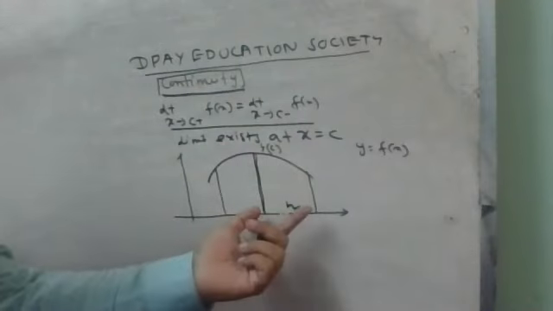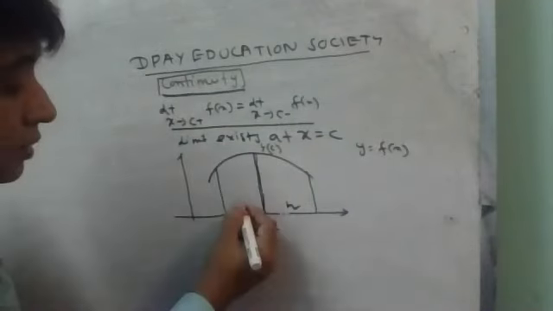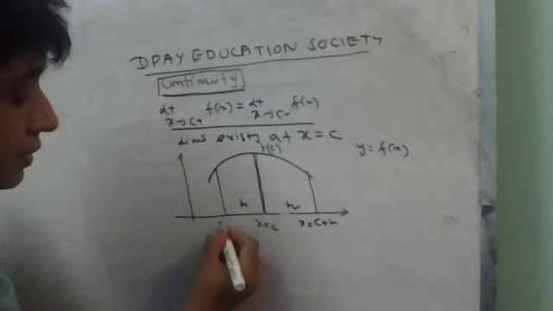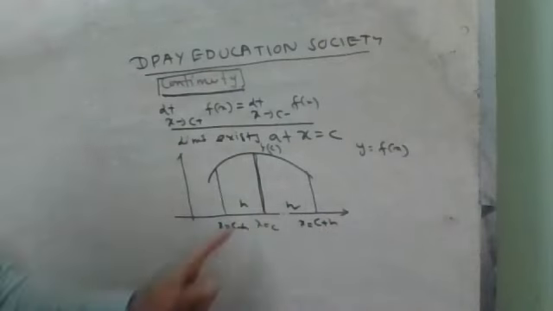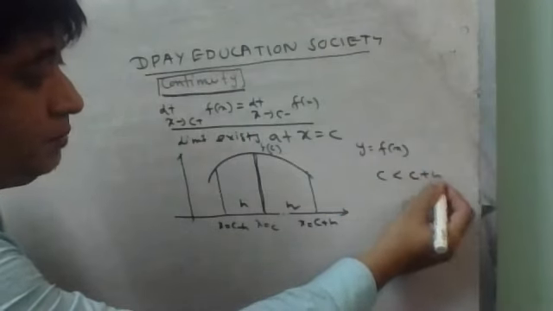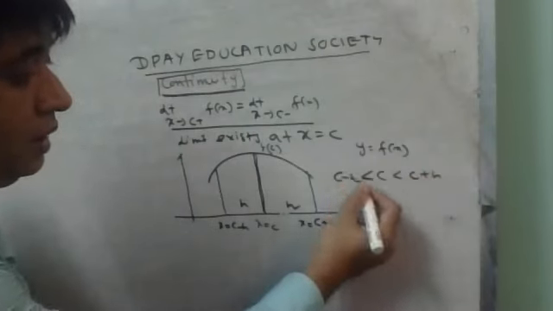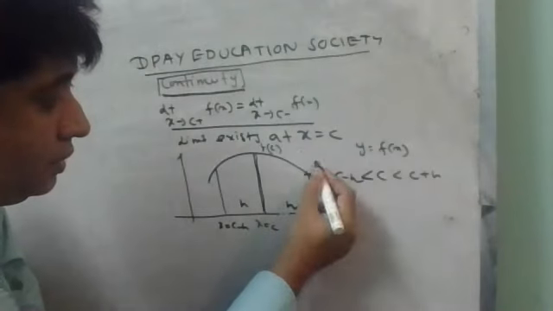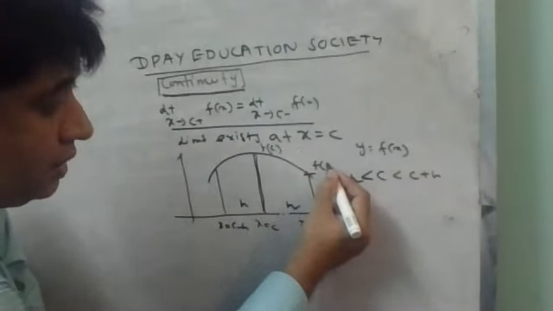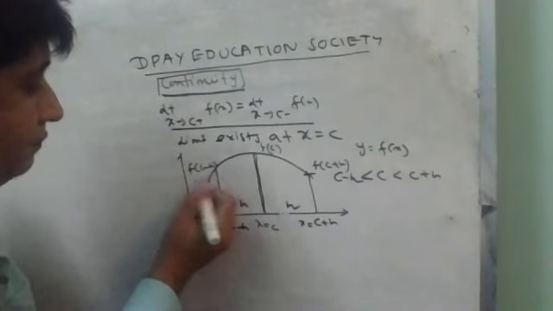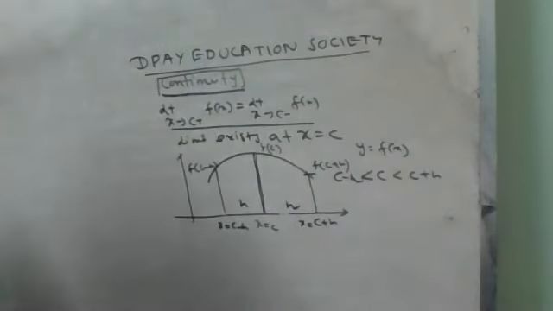The interval is c minus h to c plus h, which means c lies between this neighborhood. At these points, the heights of the curve are f(c plus h) and f(c minus h).